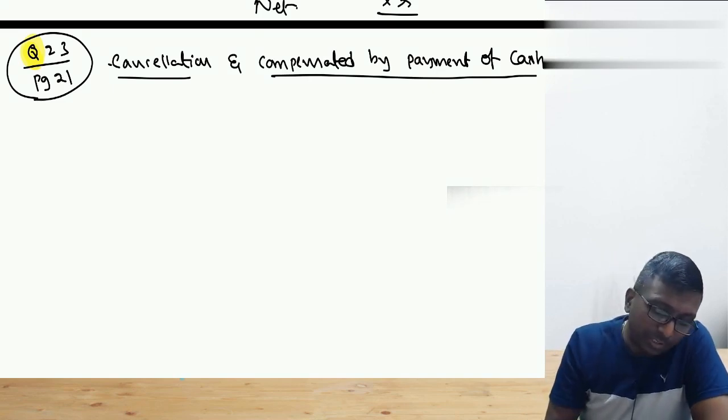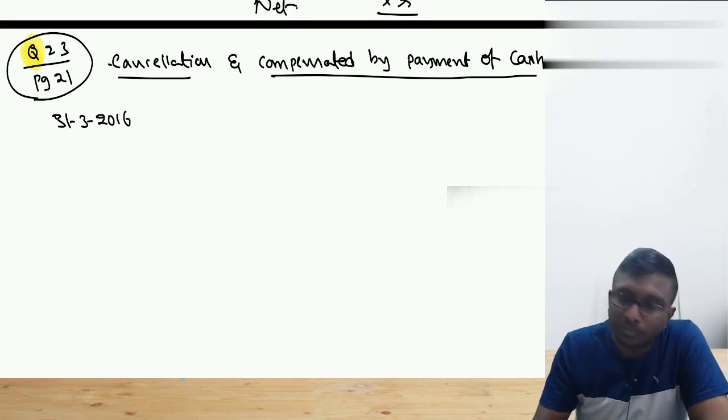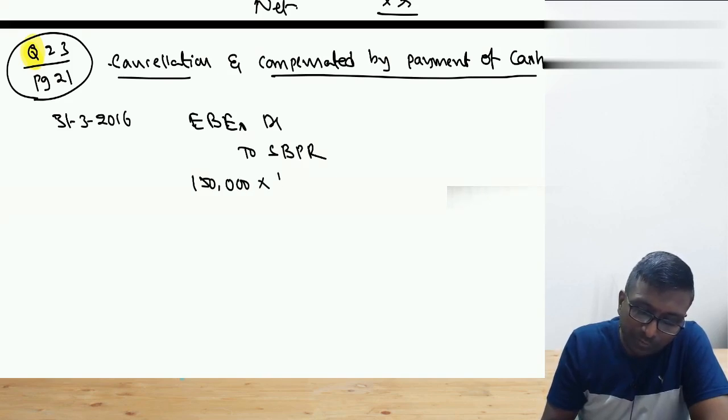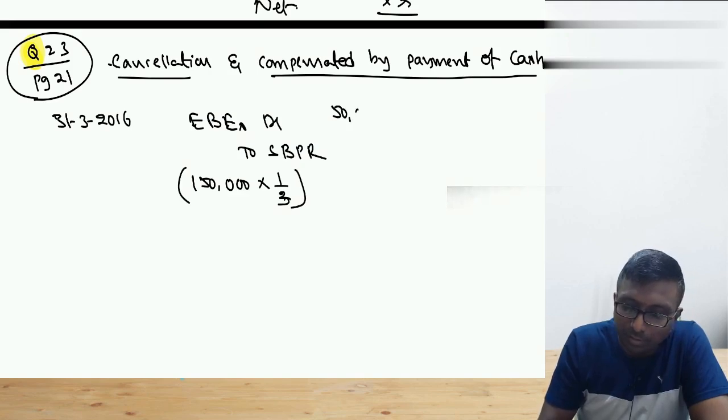So, first year, which date? 31st March 2016. Directly expense record. Employee benefit expense account debit to SBPR. How much? Very simple. 1,50,000 divided by 3, 50,000.